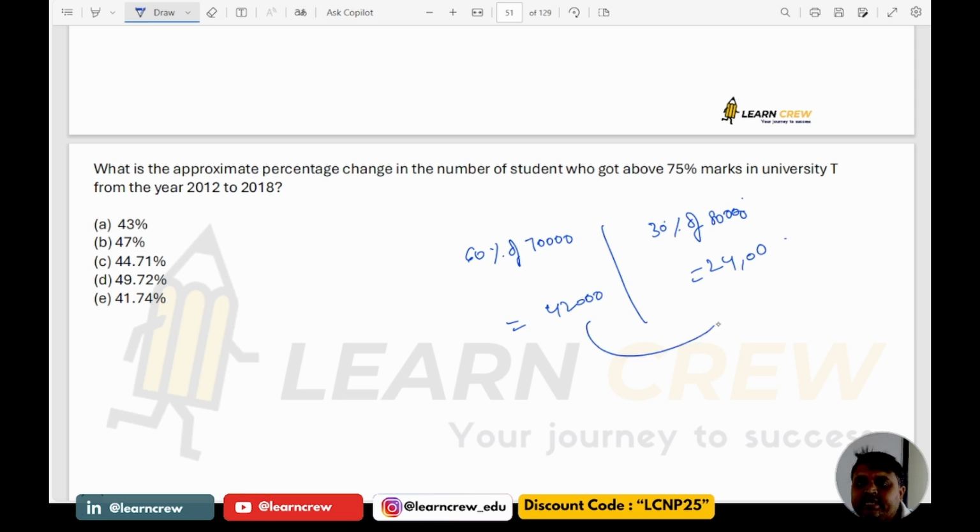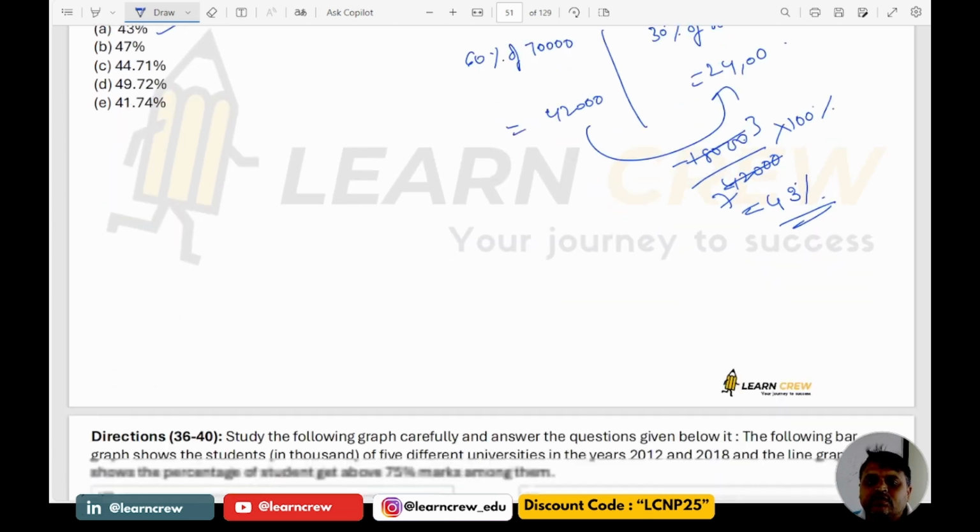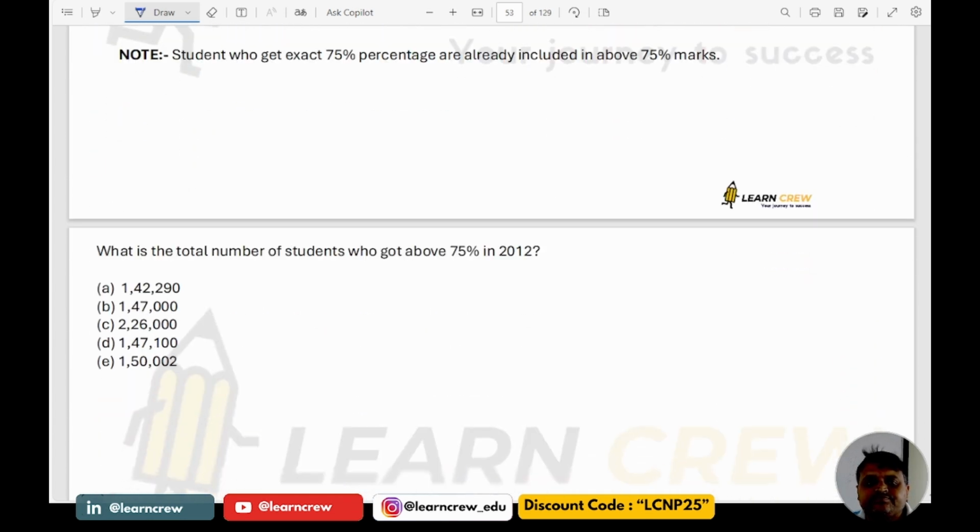There is a decrease of 18,000 on 42,000. 18,000 on 42,000 is how much percent? It is approximately 43%. Since 18 by 42 is 3 by 7, which is 42 6 by 7. So the answer is option A, 42 6 by 7.